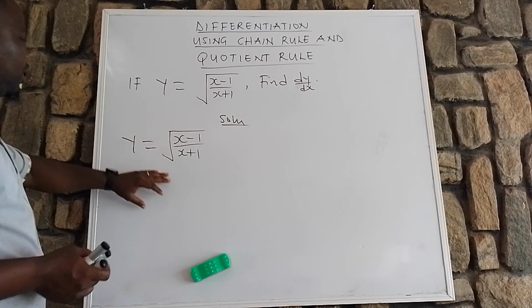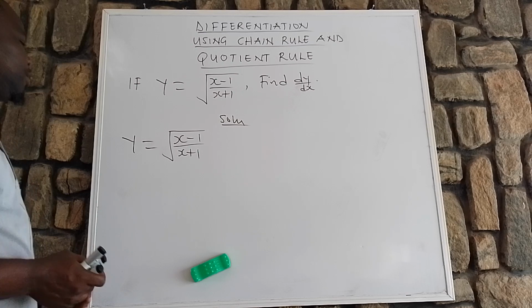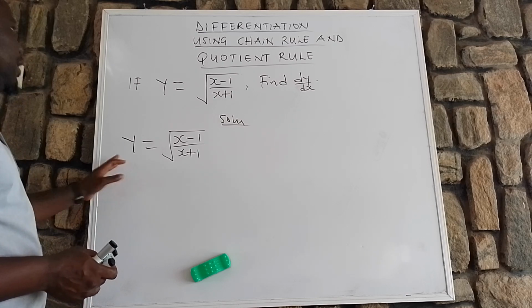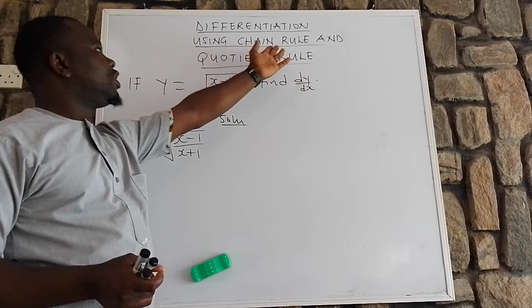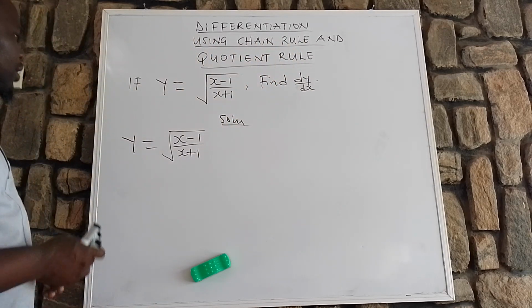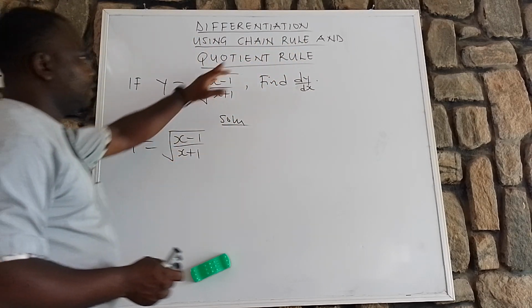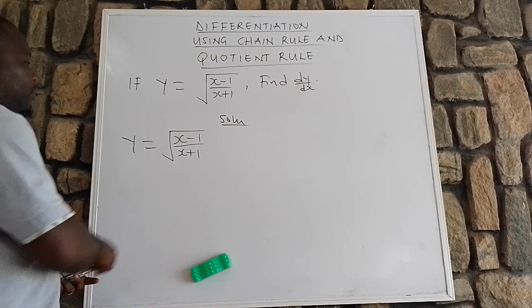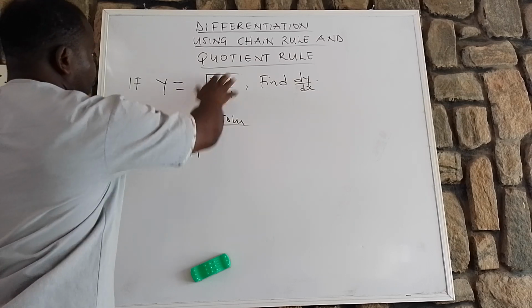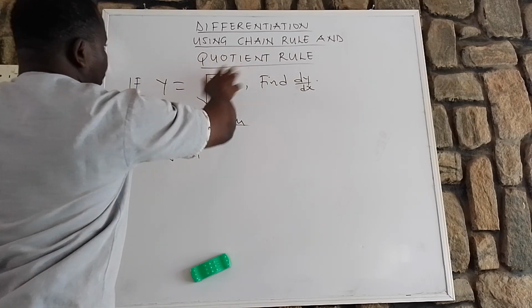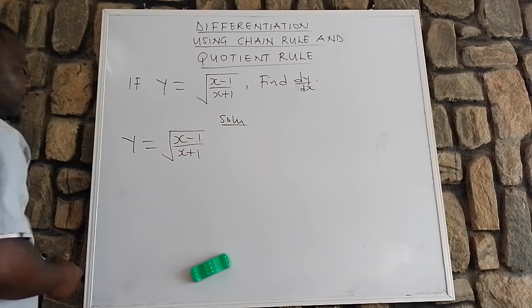So how do we differentiate this function? That is why I said differentiation using chain rule and quotient rule. It means we are going to apply these two rules whenever you come across functions of this form.